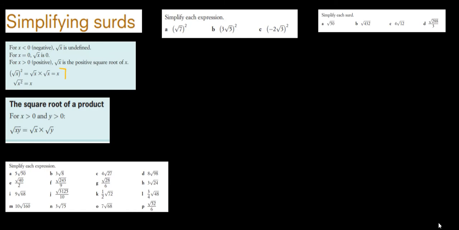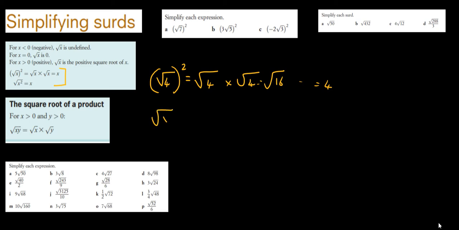I just want to take a quick look at this. If we have something, for example, the square root of 4 squared, we can show that that is 4. We multiply the radicands to get the square root of 16, which is equal to 4. So we can say that the square root of x squared is just equal to x.